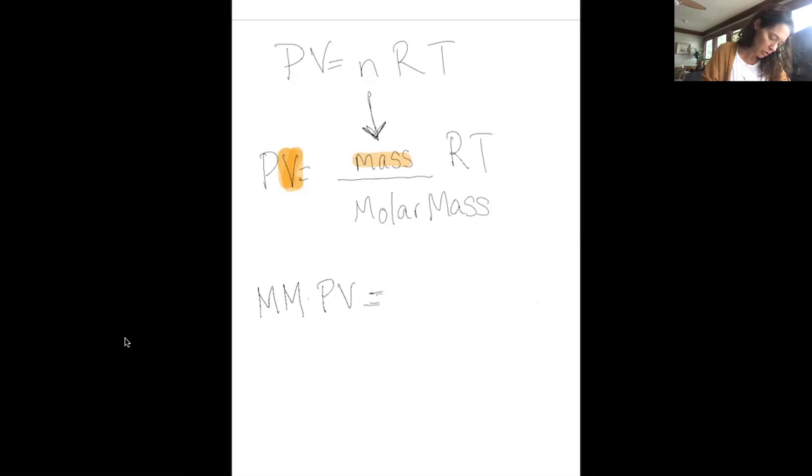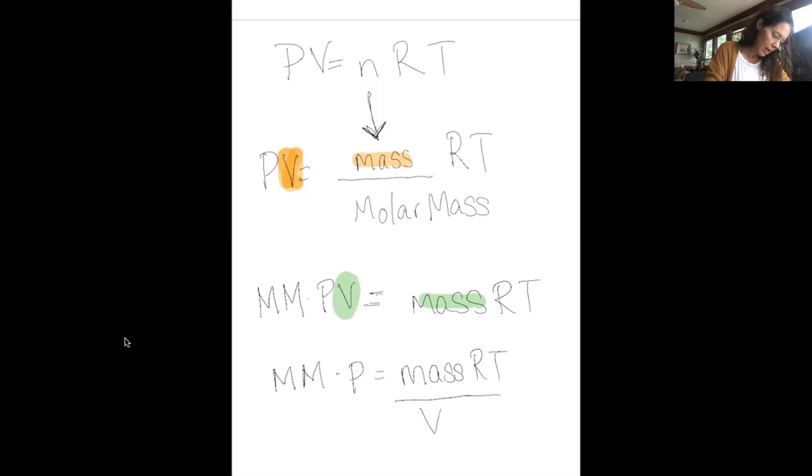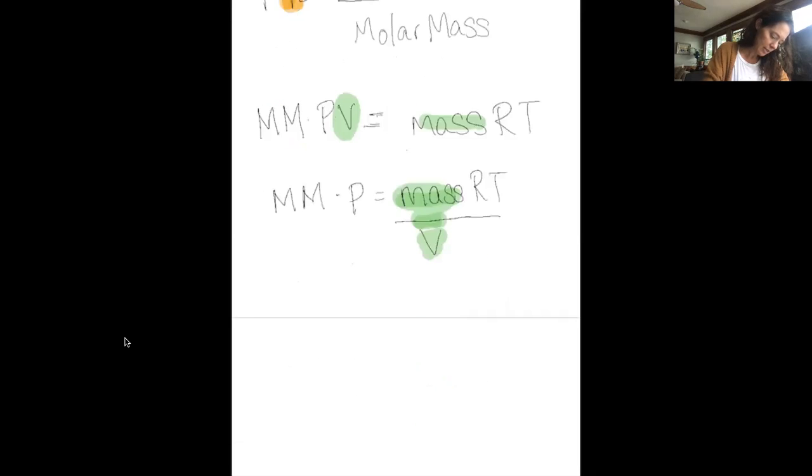Molar mass times pressure times volume equals mass times R times T. And if you highlight again, I'm going to highlight that mass and volume, because if I go like this, molar mass times P equals mass RT over V, and mass divided by volume is a density.